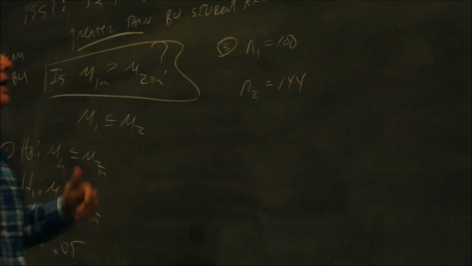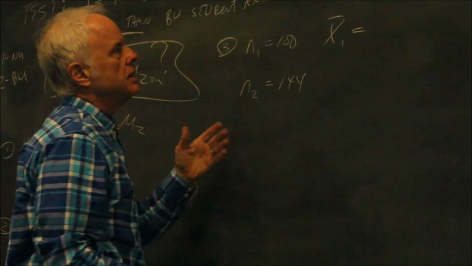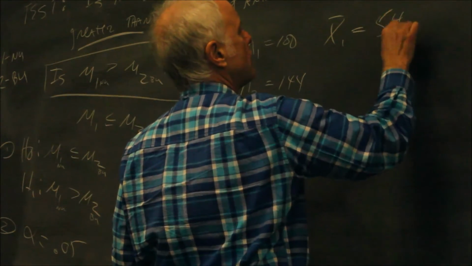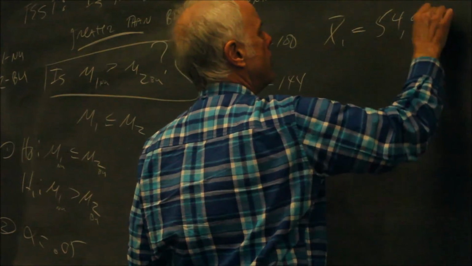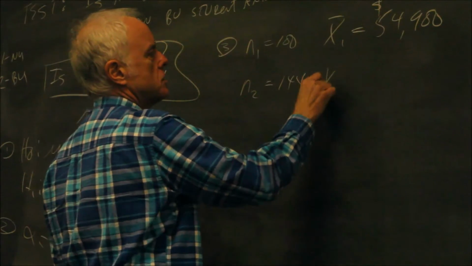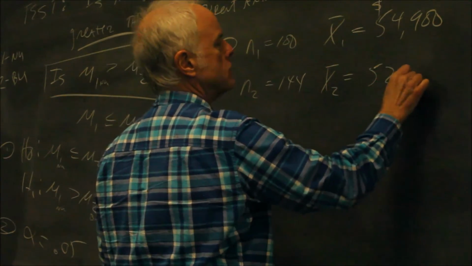With n sub 1, we have to get a sample mean. So we get the 100 observations, and we'll say that the sample mean was 54,900. And we'll say that x bar sub 2 is equal to 52,000.